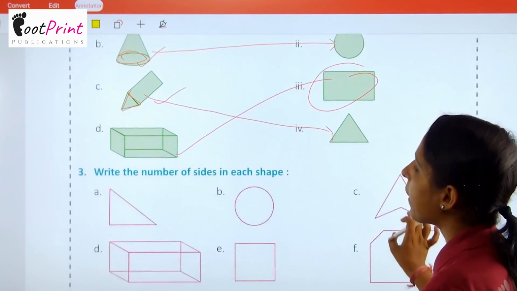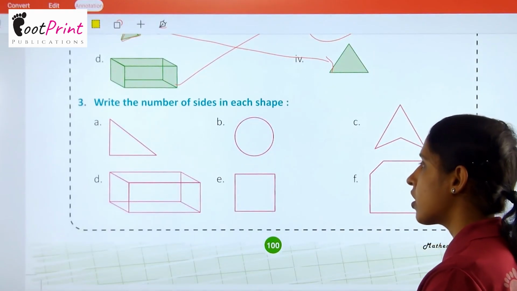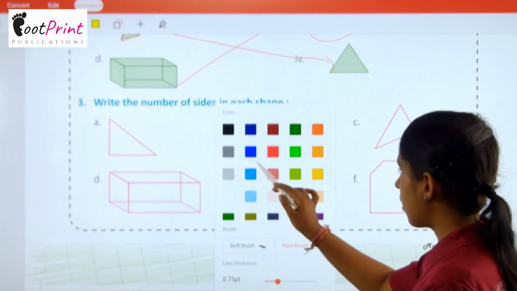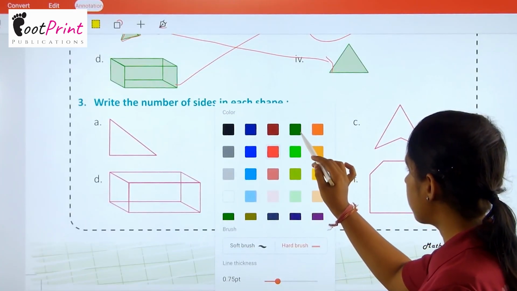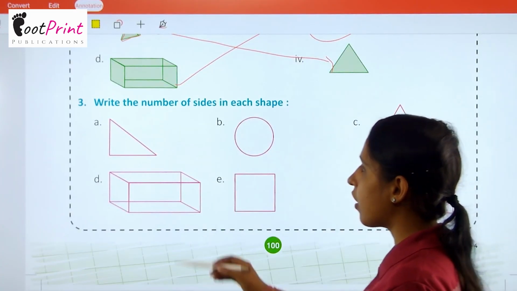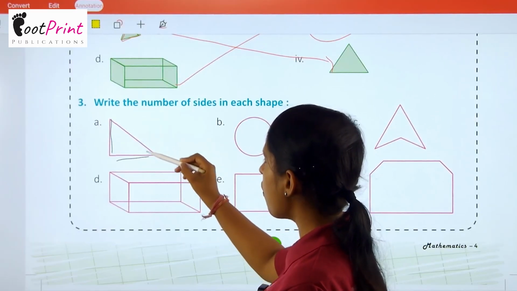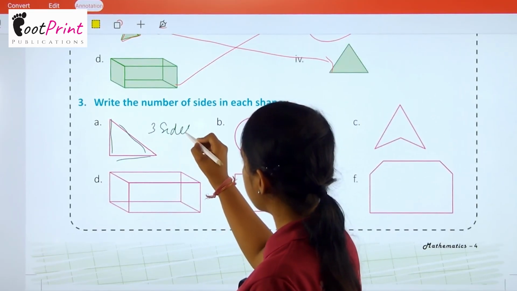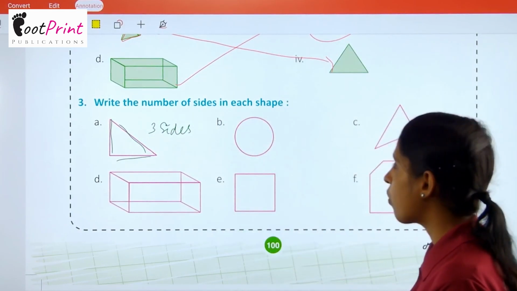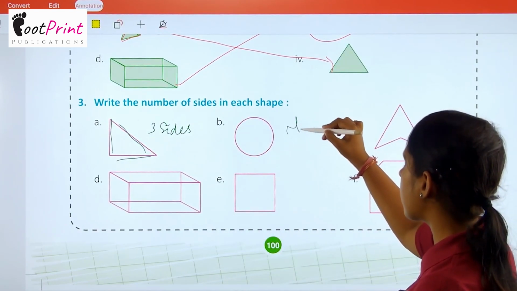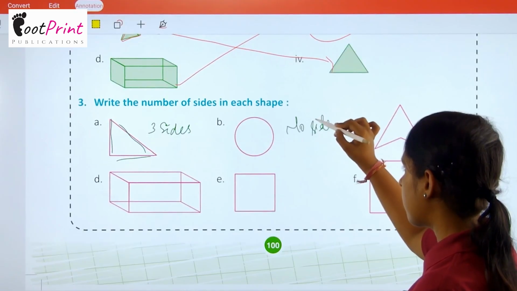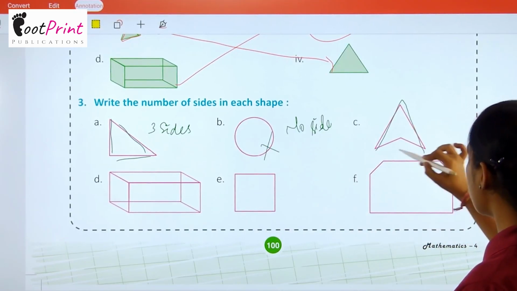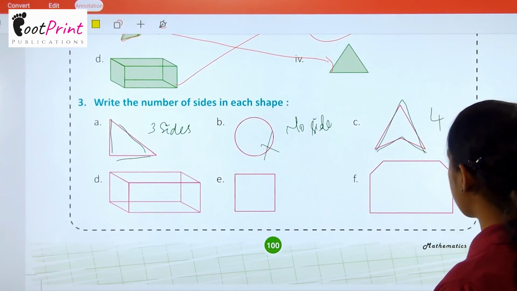Next, write the number of sides in each shape. We have to write the number of sides. Okay, so we will write here 1, 2 and 3. So in this figure we have 3 sides. Here no sides are there, so we can write there is no side. तो इसमें साइड कुछ नहीं है. यहाँ पर 1, 2, 3 and 4 sides are there.